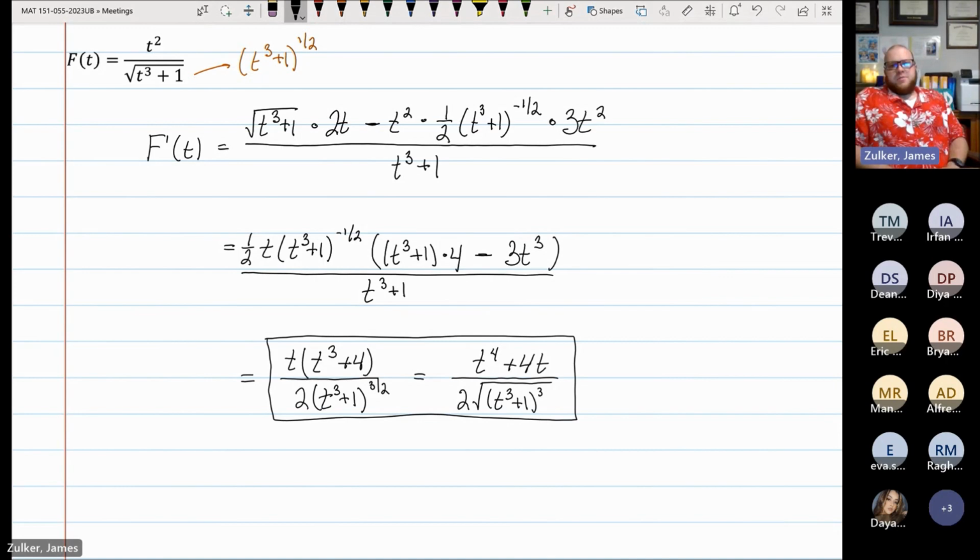But there we go. There's our derivative. Are there any questions on the chain rule?